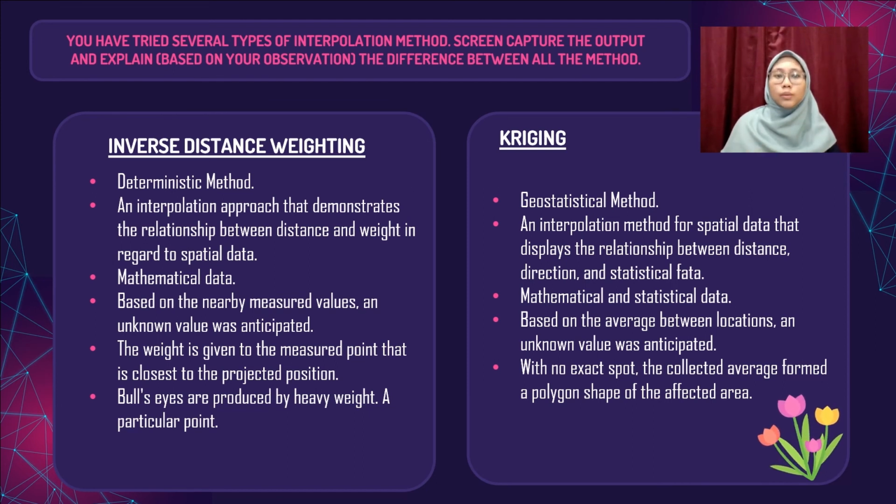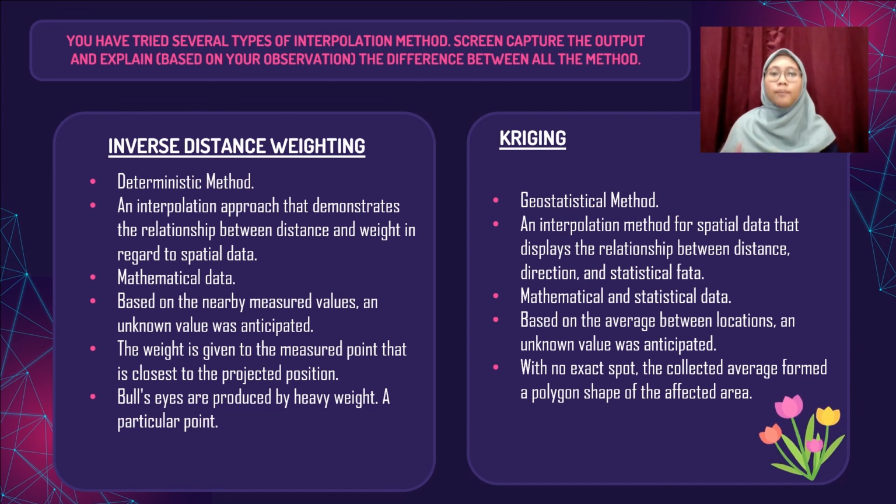And inverse distance weighting is mathematical, and it's based on the nearby measured values and an unknown value is anticipated, and the weight is given to the measured point that is closest to the projected position. And also, the bullseyes are produced by a heavy weight at particular points.